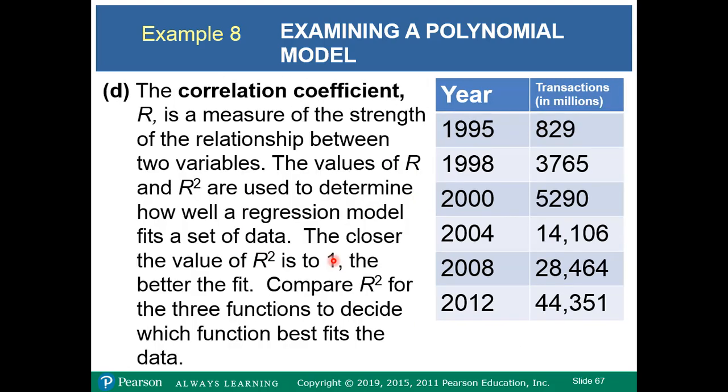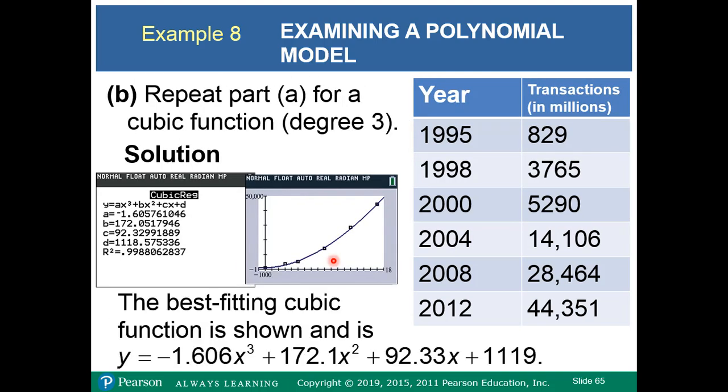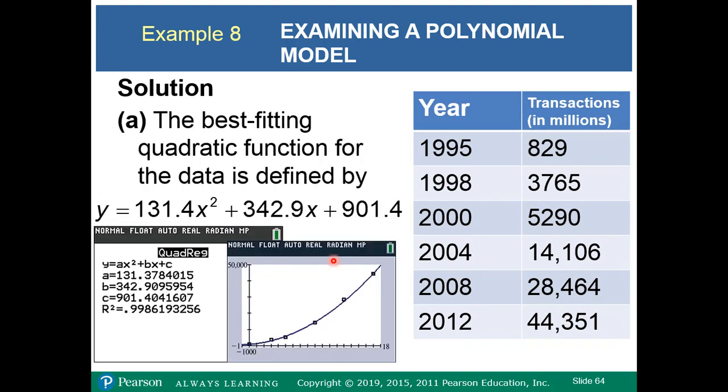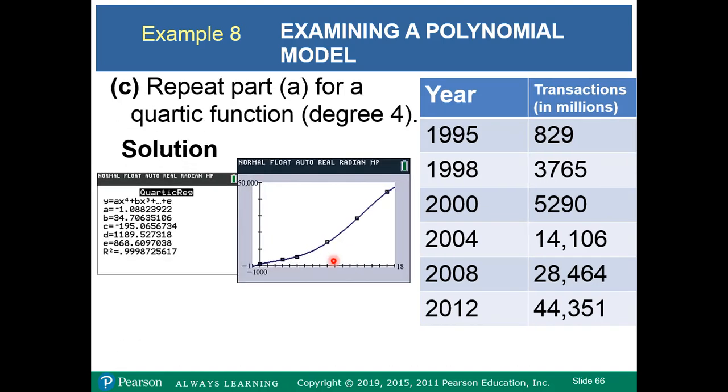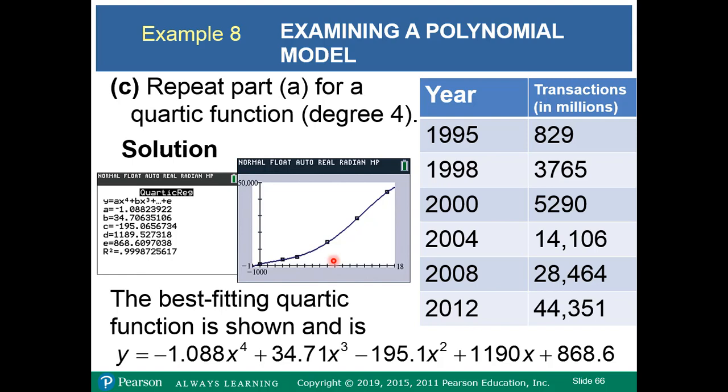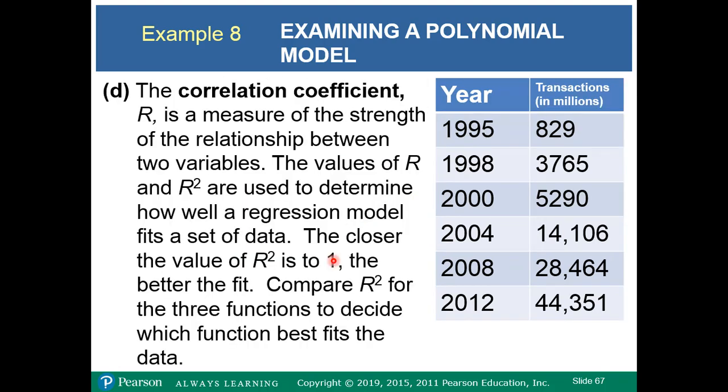Now, the correlation coefficient is what we're also going to use to help us look at which graph best fits the data, because if you look at these, they all look like they fit really well. So which one? That's where the correlation coefficient, R, comes in, and that's also one of the outputs on the calculator.